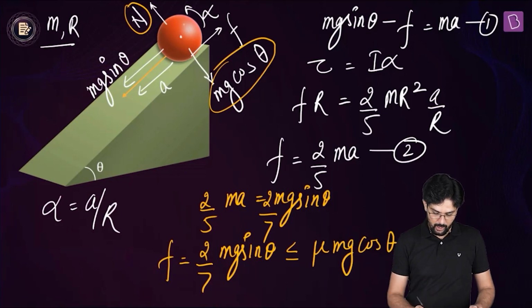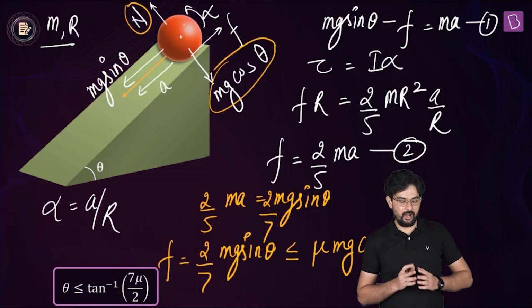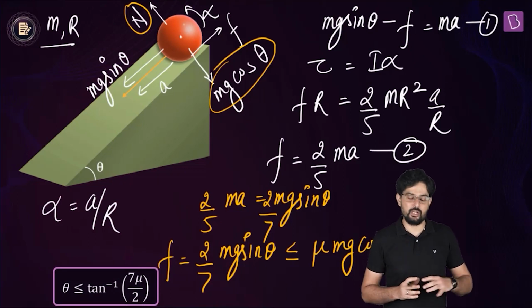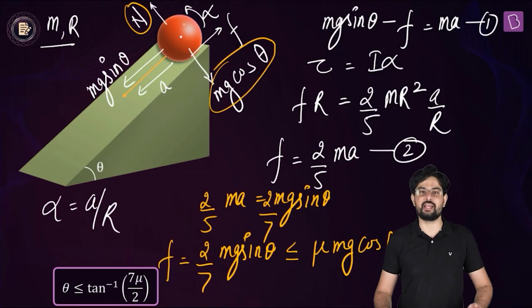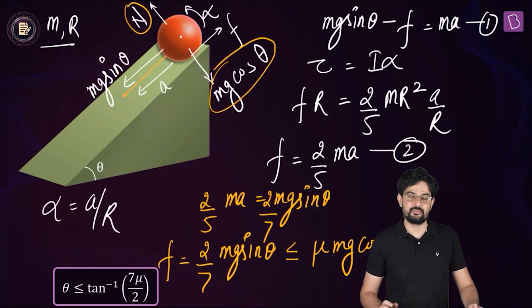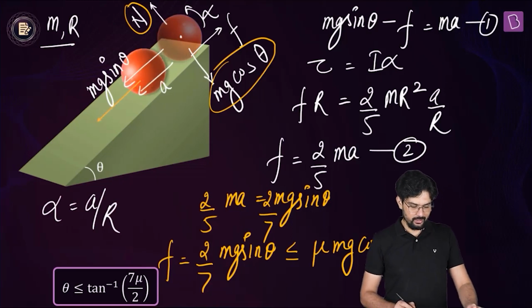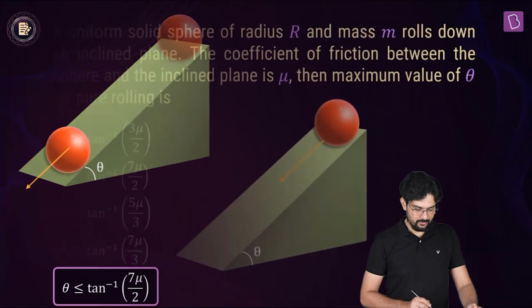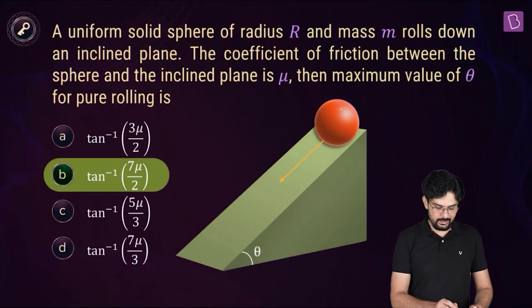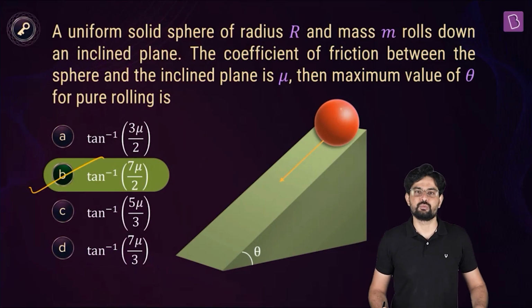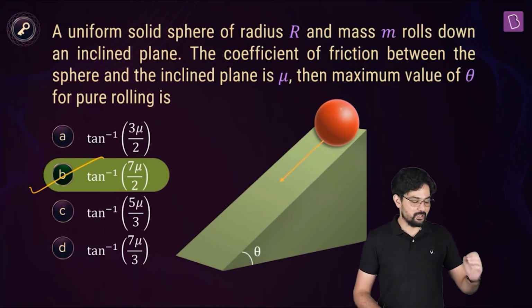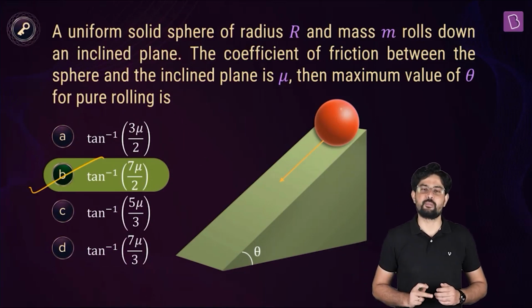And from here we find out that theta must be less than or equal to tan inverse 7 mu by 2, which means that the maximum value of theta is tan inverse 7 mu by 2. So you can take option B in this case as the right option.